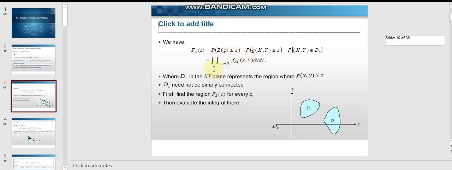In other words, we will integrate along the x and y axes the joint PDF of X and Y. Here D sub z is the range of the new random variable Z. So first we have to find the region D sub z for every z, then evaluate the integral.